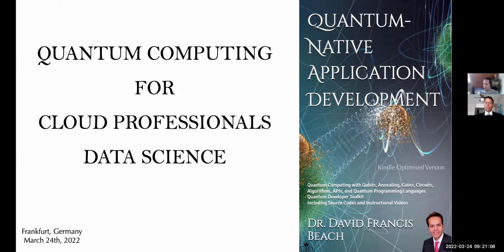Calculations are done by quantum states and the gates. In the book there's a dedicated chapter on quantum gates, the various forms of gates, and how they work with the data. There are multiple gates. I mentioned the measurement gate, which is very important.